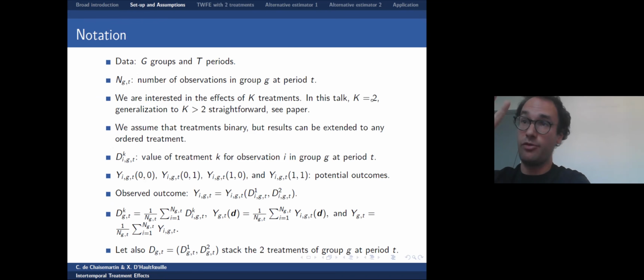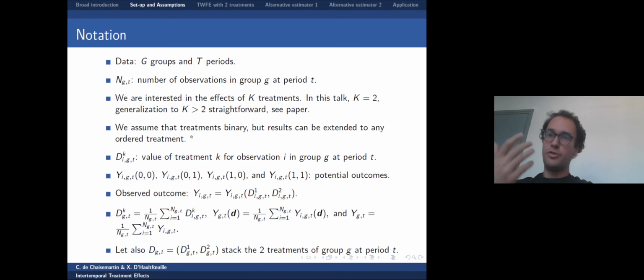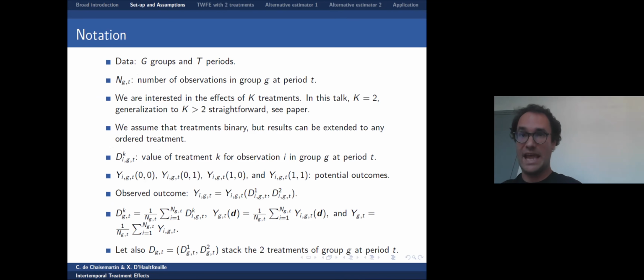To simplify, I'm going to assume that K is 2. We have two treatment variables of interest, but generalizations to K greater than 2 are straightforward. I'm also going to assume that those treatments are binary variables, but again, results can be extended to any other treatment. And D_k,igt is going to denote the value of treatment k for observation i in group g at period t.